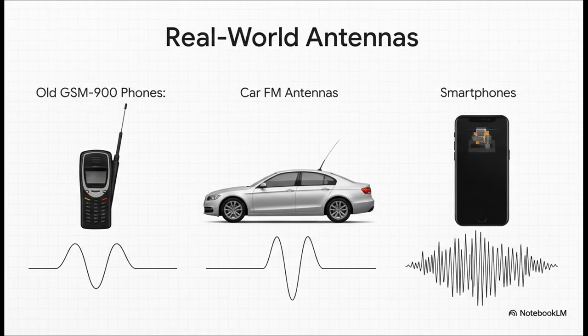Those phones used 900 megahertz, which has a wavelength of about 33 centimeters, so they needed a big antenna. Your car's FM antenna is cut to a specific length for FM frequencies. And your smartphone today, it works at super high gigahertz frequencies, meaning the wavelengths are tiny, so the antennas can be small enough to just disappear inside the phone's case.